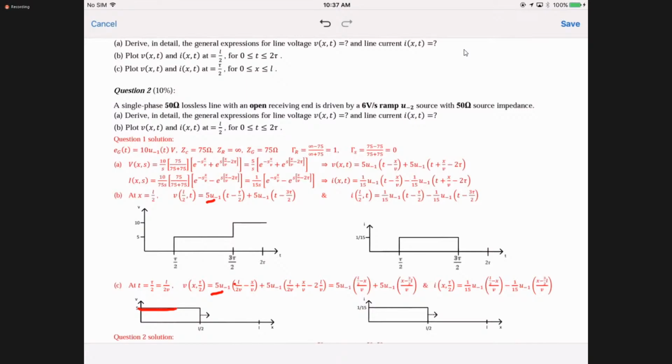At tau divided by 2, it travels L divided by 2, and it will continue. But it's not yet because we only asked for this time.